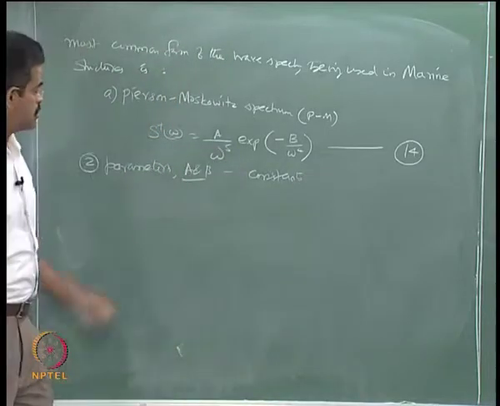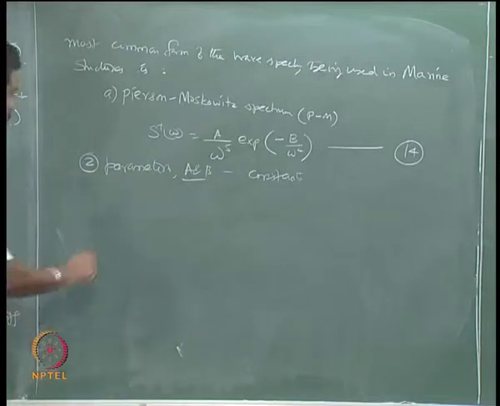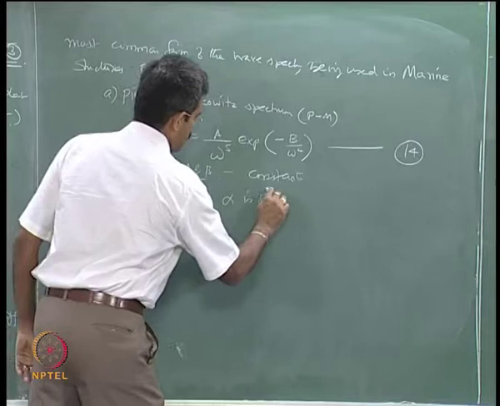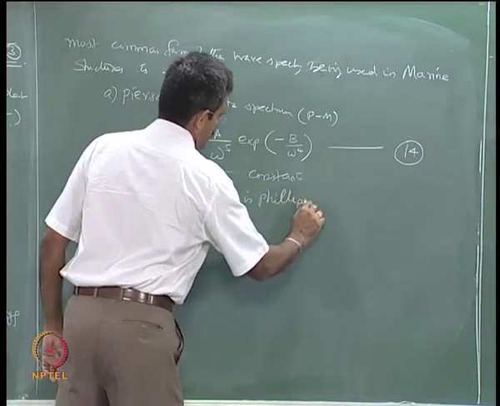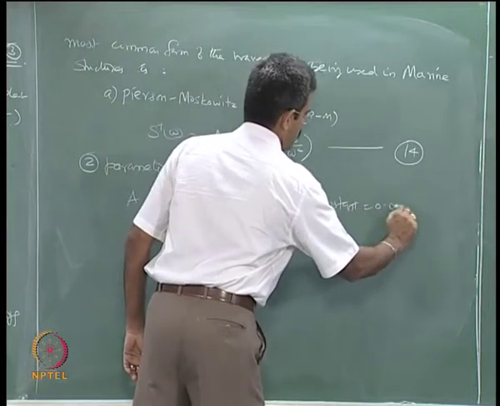Depending upon how these constants are defined, there are different forms of the spectrum available in the literature. For example, A is given by alpha g square, where alpha is known as the Phillips constant, which is 0.0081.